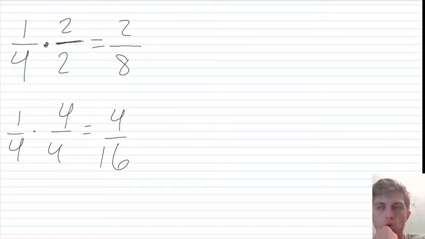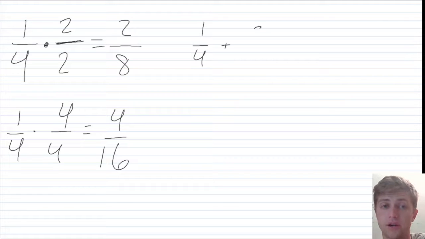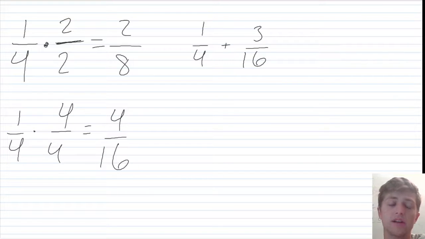So we also use this a lot whenever we are adding and subtracting fractions. What's the rule for adding and subtracting fractions? They need to have the same denominator. So if we have 1/4 plus 3 over 16, we need to have the same denominator before we can add these things.